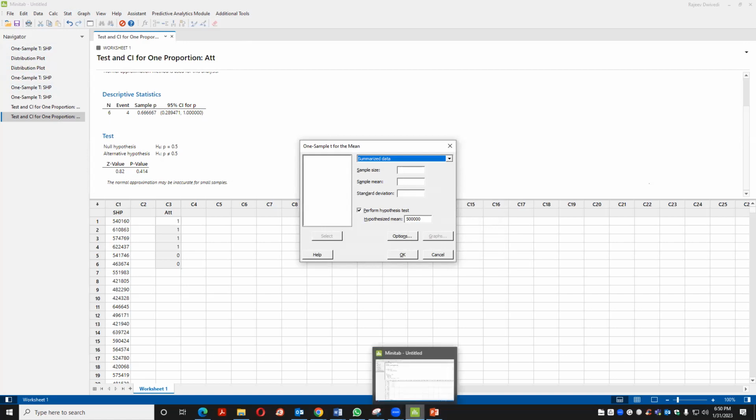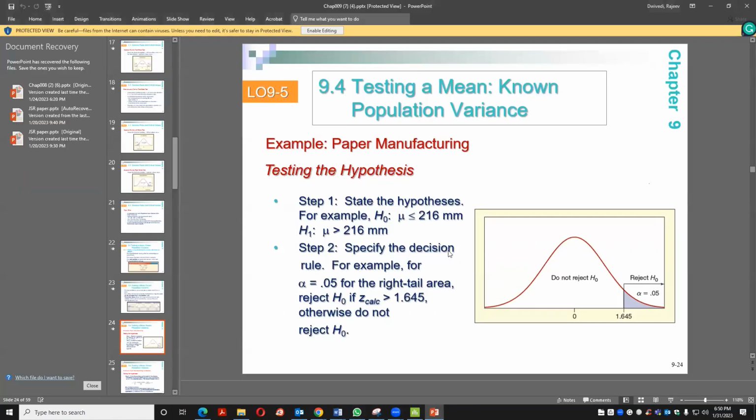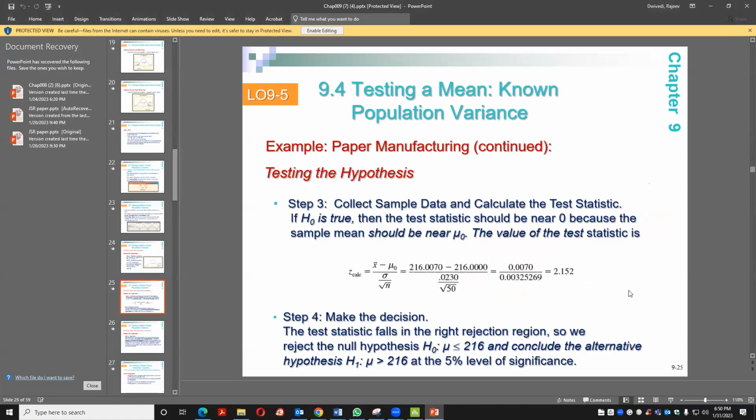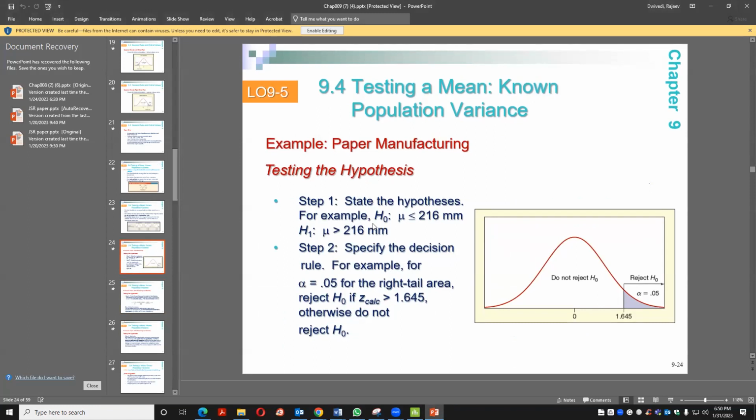You can understand this: if the entire population standard deviation is given, then you can use z. So here you can simply calculate this z value, and this is a step-by-step process.